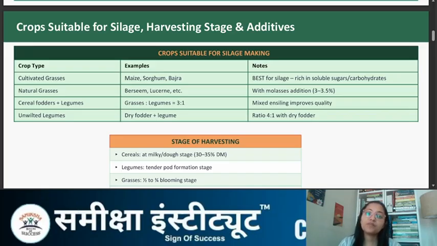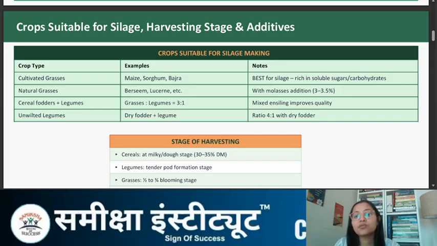So if we want to conserve the forage in the form of silage, we will prefer the grasses. Sometimes the legumes are also used, but for them we will either add molasses externally so that the carbohydrate content is increased, or include the grasses alongside in the ratio of 3:1.